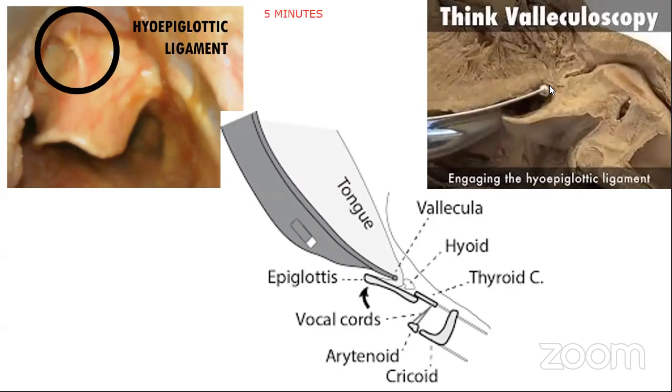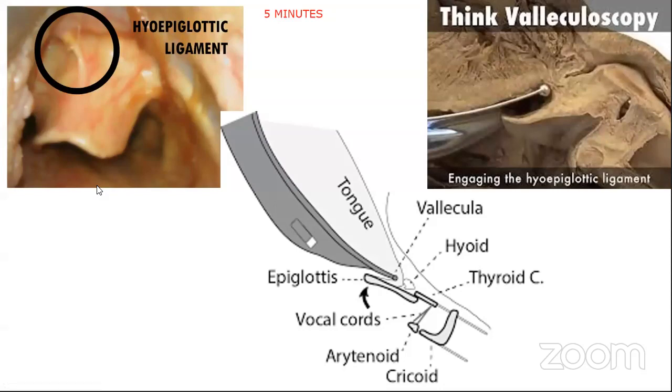Why is it important to put it in the vallecula? Because there's a very small ligament. You can see here in this picture. It's called the hyoepiglottic ligament, and this ligament runs between the epiglottis and the hyoid bone. Once you press that ligament with the tip of the blade, it causes the epiglottis to rise up and reveal the vocal cords beneath it.